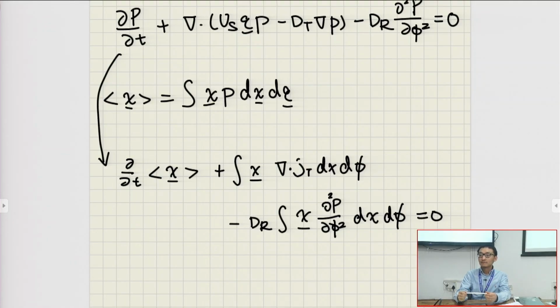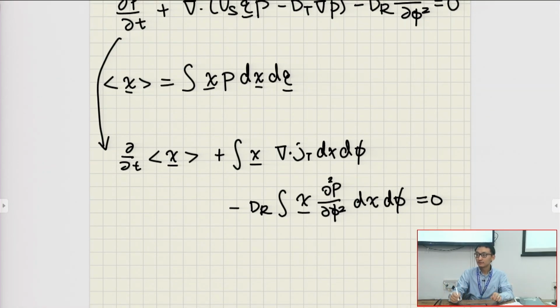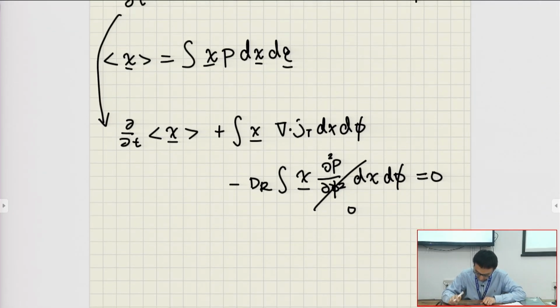Because P is a periodic function of phi, the integration gives 0. The derivative is also periodic, so that is gone. We're just left with the first 2 terms here.